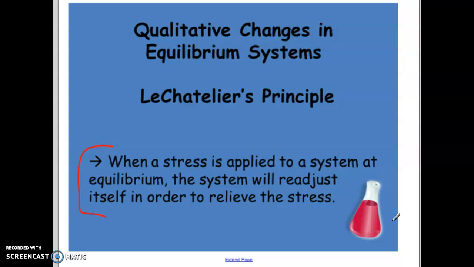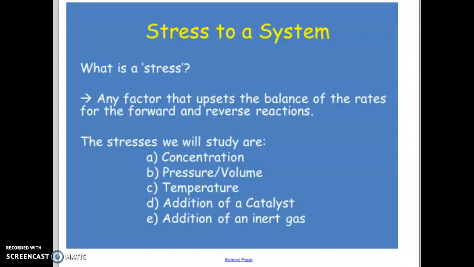So we're going to talk about, when we say the term stress, what exactly does that mean? And we'll also look at what the equilibrium system does under such stresses. So in terms of stress, we're not talking necessarily about the mental health of our equilibrium. More so looking at any factor that will upset the balance of the rates.